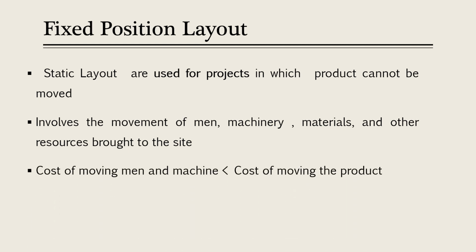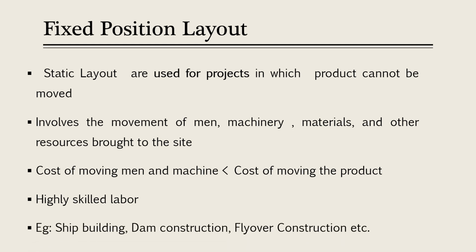The cost of moving men, machines and other resources is lower than the cost of moving the product. It requires highly skilled labor. The best examples are shipbuilding, dam construction, flyover construction, etc.